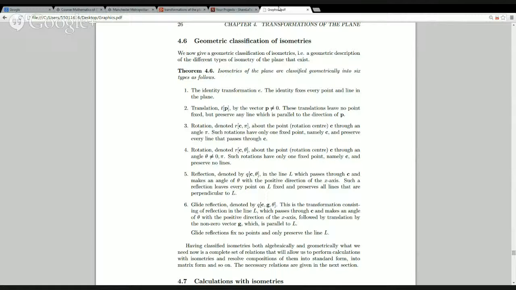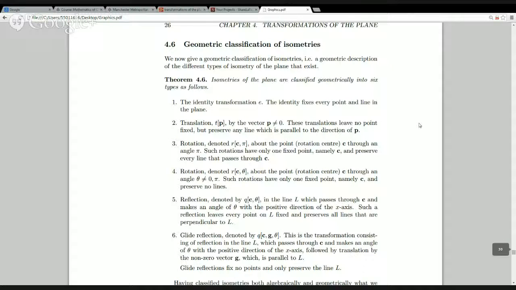The third type we're going to have are rotations. Well, a special kind of rotation first, rotating by pi, so doing a full half turn of the plane. And we're going to allow the center of rotation to be any point C. So it only has one fixed point.